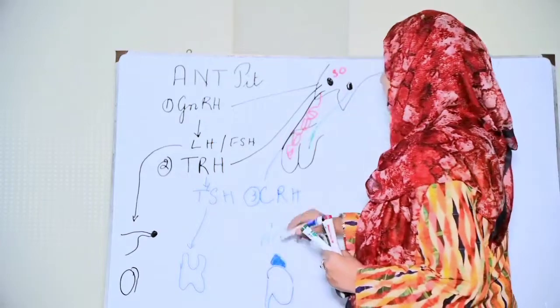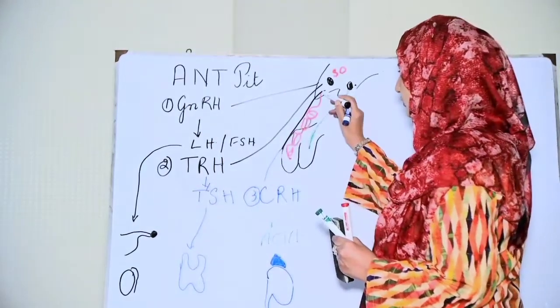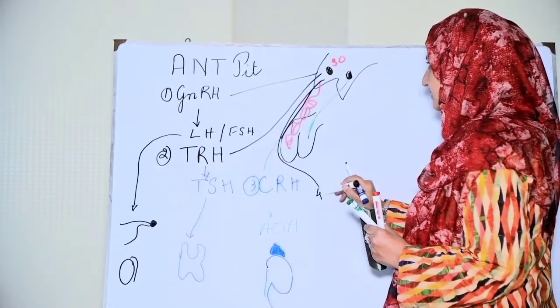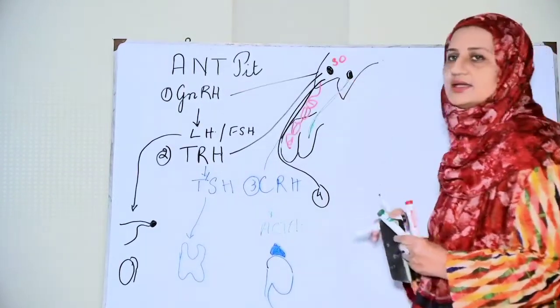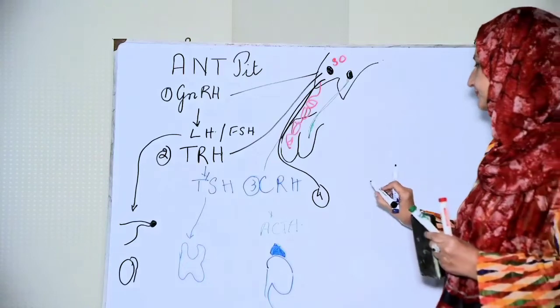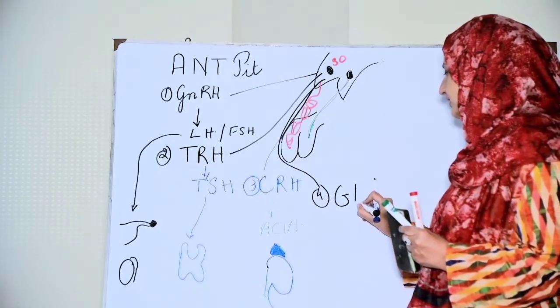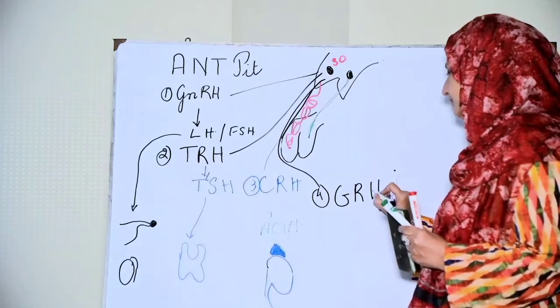The fourth important hormone which is released by the hypothalamus is the growth hormone releasing hormone.